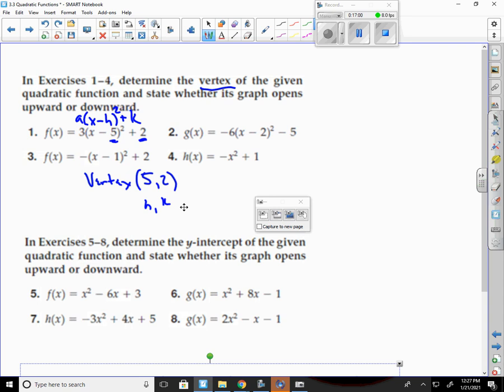Say whether it opens upward or downward. If it's a positive number out in front being multiplied by it, it's upward. If it's a negative, it's downward.